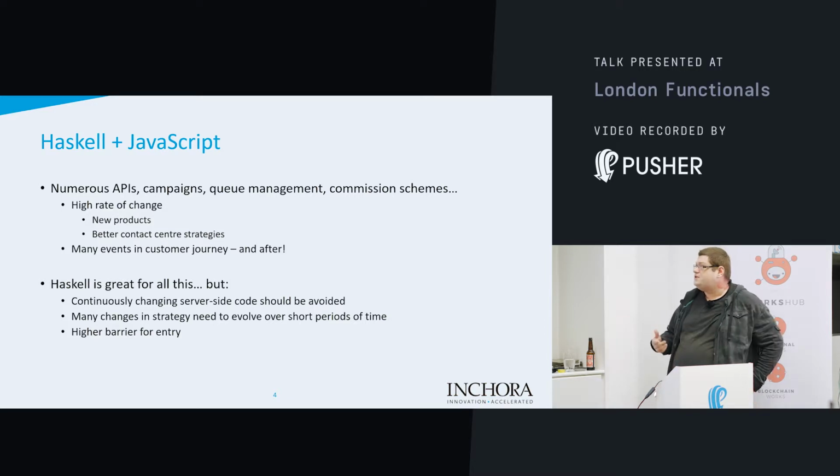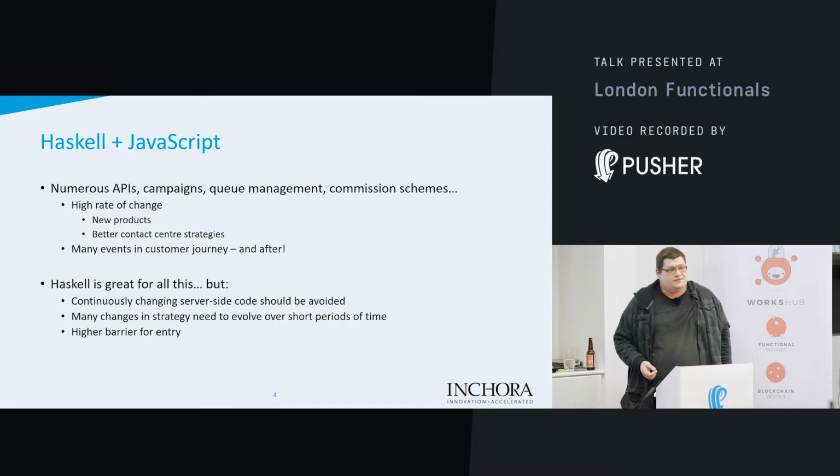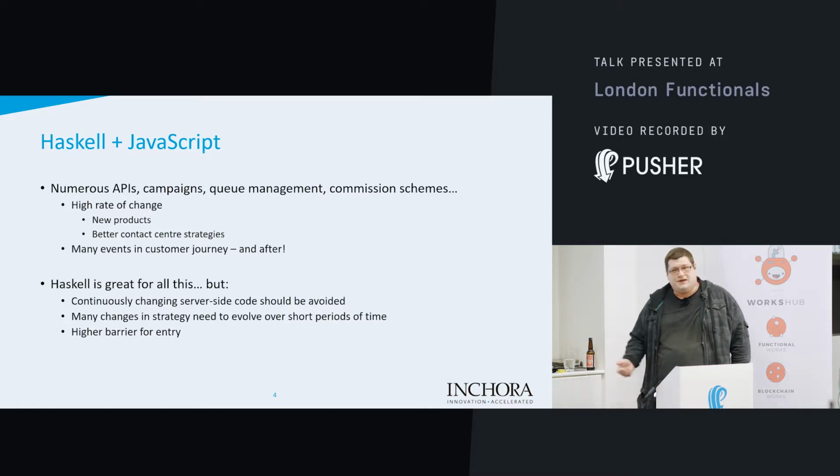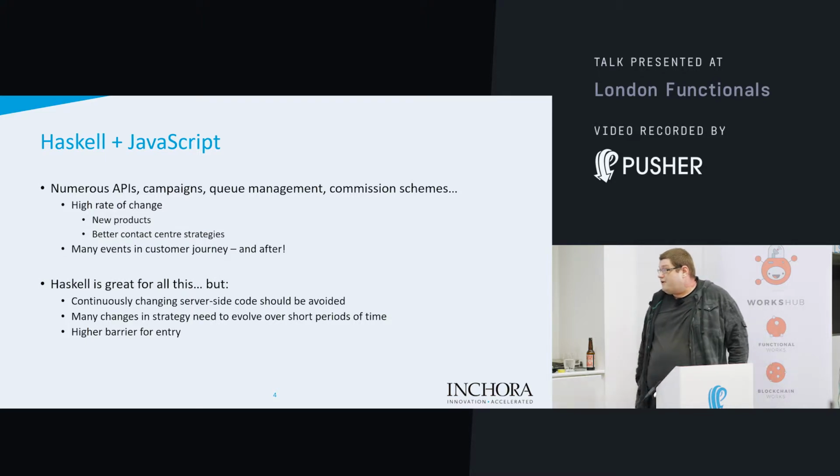And if we wanted to deploy a Haskell program, and these are quite big programs, if we wanted to change them and deploy them every single time, we would just be continuously changing server code and constantly trying to deploy things, and we would always have this huge backlog. So the other problem is that we ended up finding that we had a higher barrier for entry.